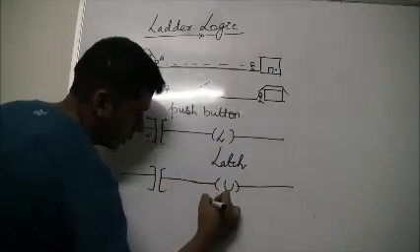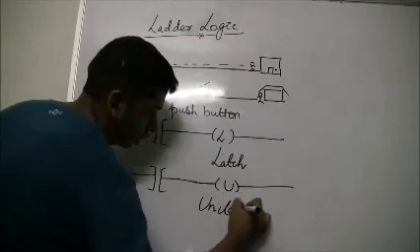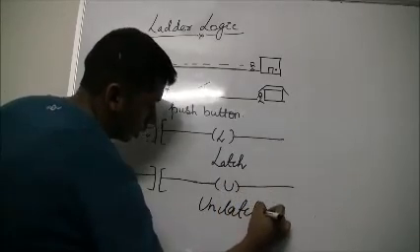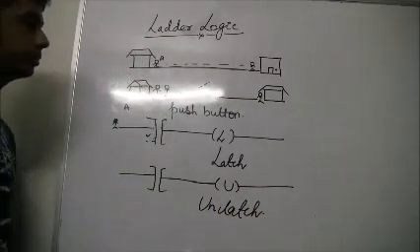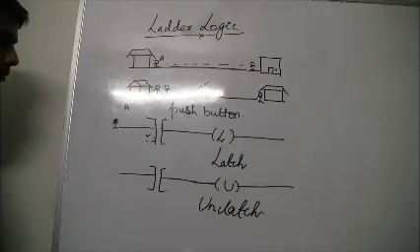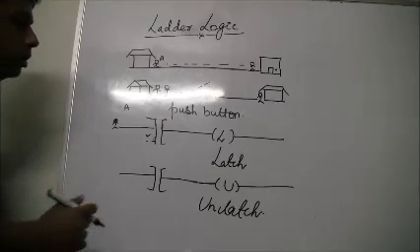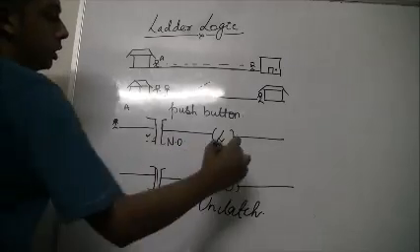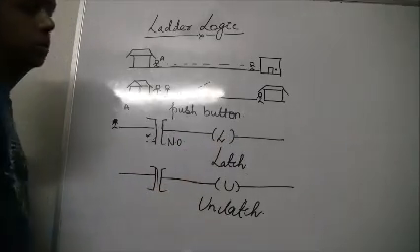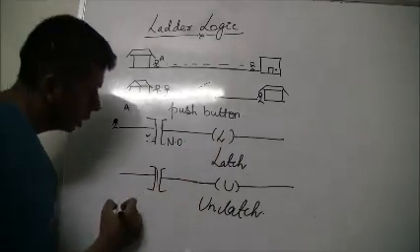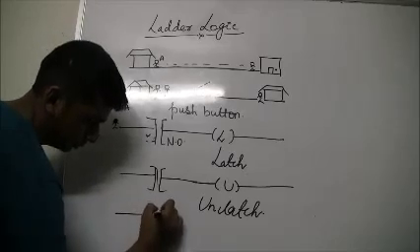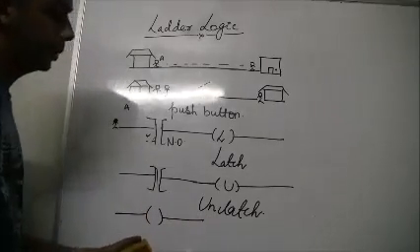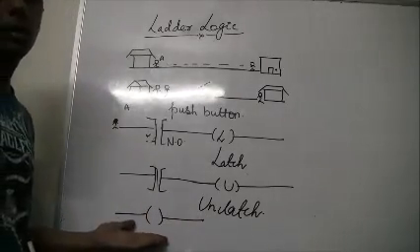Hence it's known as unlatch. So once again, we usually have the normally open, latch, normally close, unlatch, and an output, which is a one-time output.